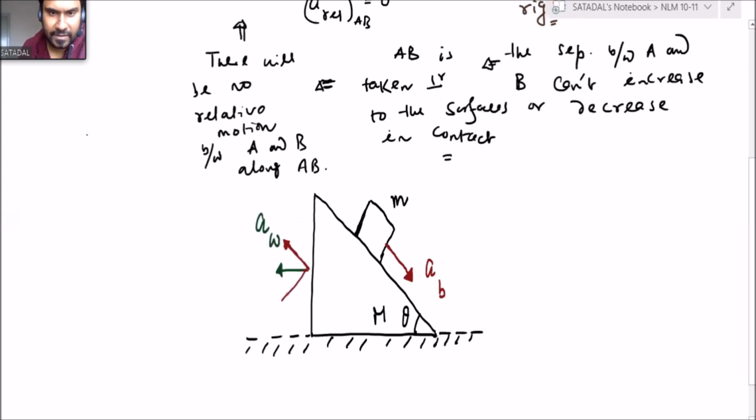I can divide the components like this. Correct? So if this is theta, this is also going to be theta. Is that okay? So this is going to be A_W sin theta, and this is going to be A_W cos theta. Is that okay now? Please respond.